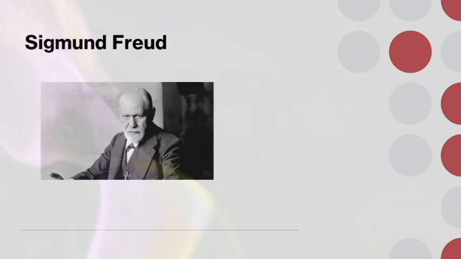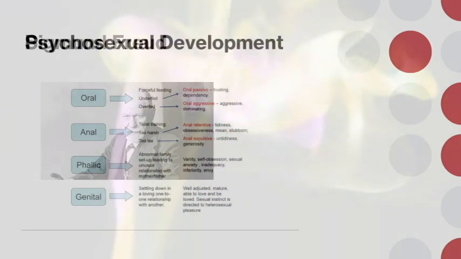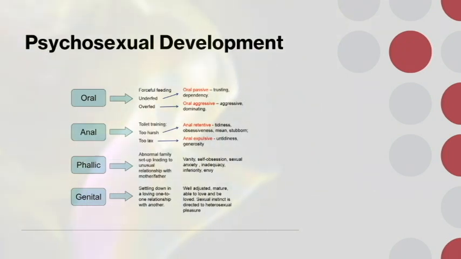So it's important for a child to avoid having these fixations at different stages, because then our personality can run more smoothly. But the reality is we all have these little quirks within us that stem from our early childhood.